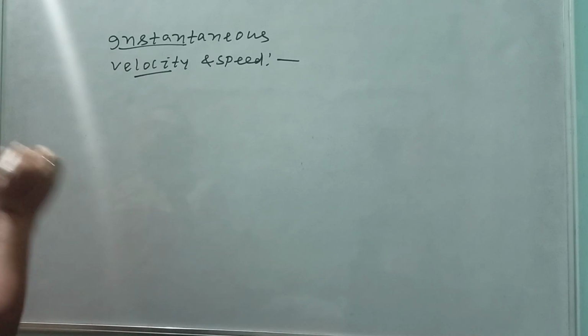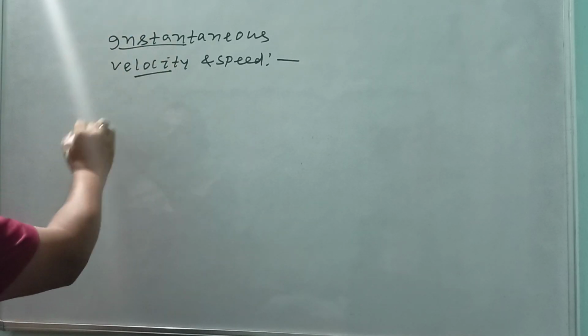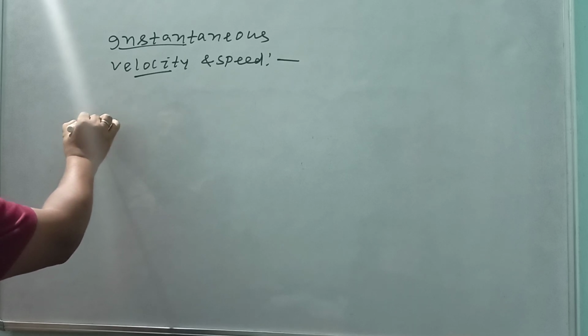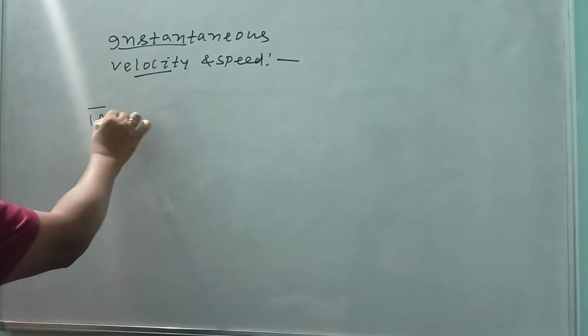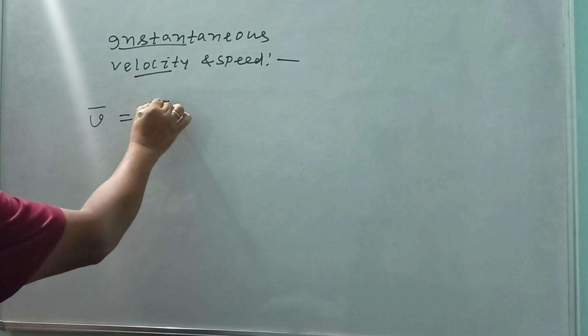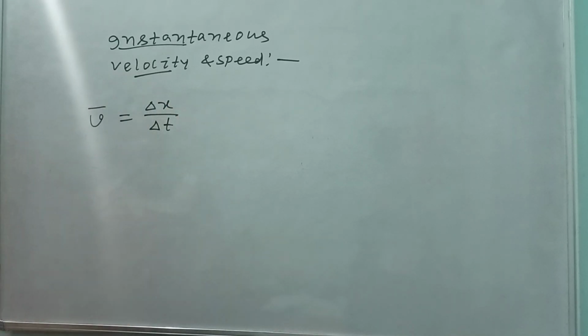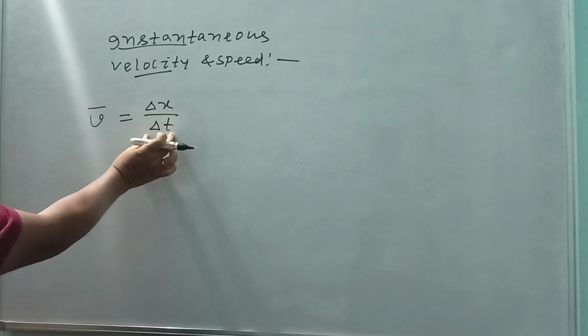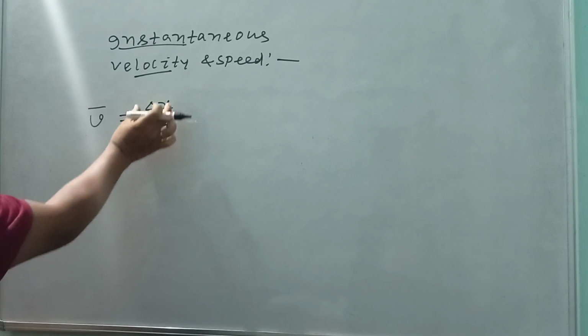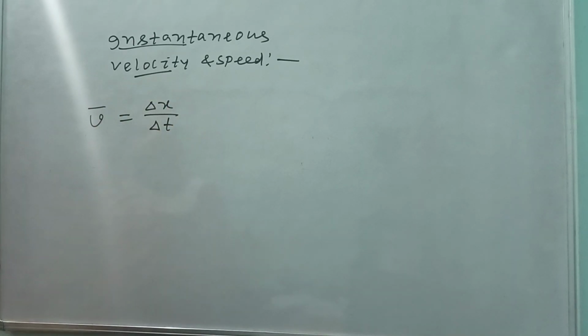Students, you know the velocity or average velocity is equal to delta x by delta t. What does it mean? In the time interval of delta t, there is a change of delta x. Delta x is the change in position, delta t is the change in time.